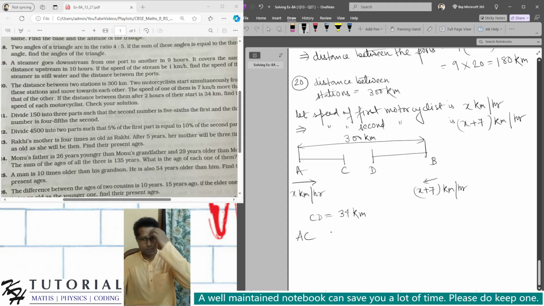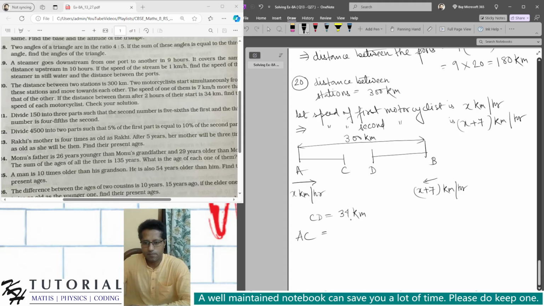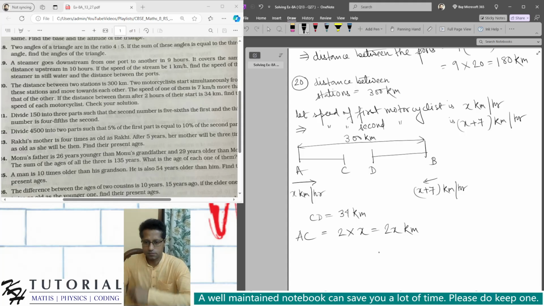AC is the distance covered by the motorcyclist running at a speed of x kilometer per hour in 2 hours. So that will be 2 multiplied by x, that is 2x kilometer.